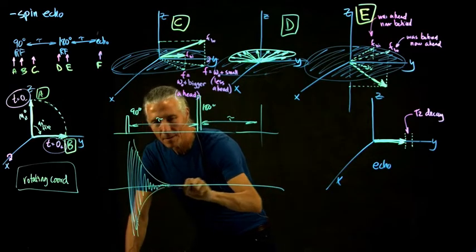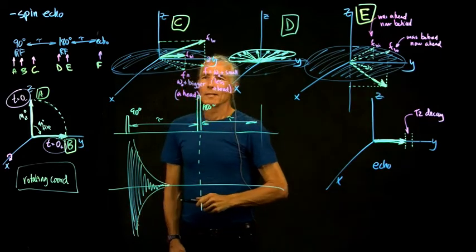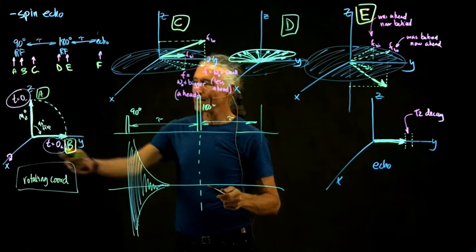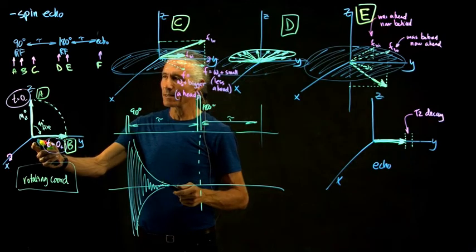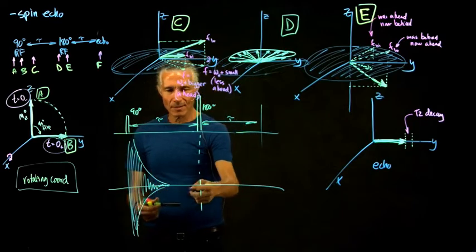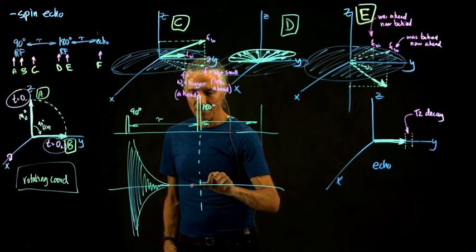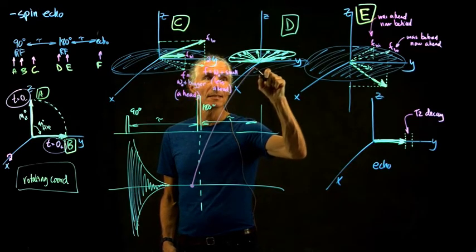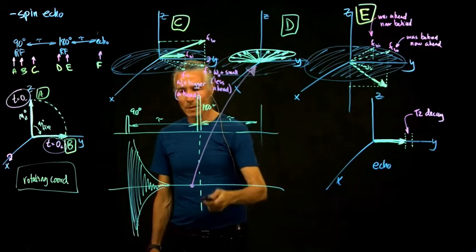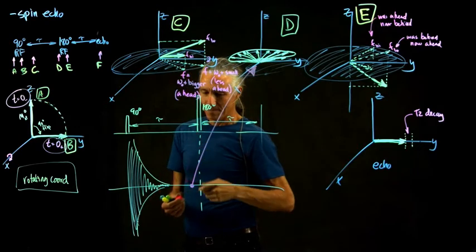And then when we do a 180, nothing, because if we did a perfect 180, we shouldn't have added any transverse magnetization. But in this situation, there's a whole bunch of magnetization, but it's all canceled out because it's all dephased.